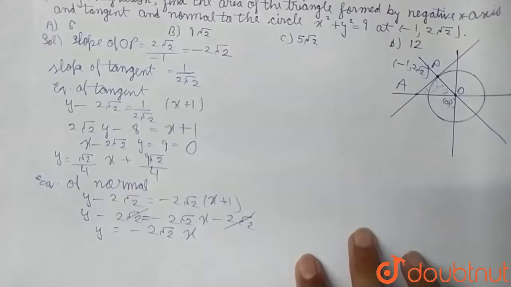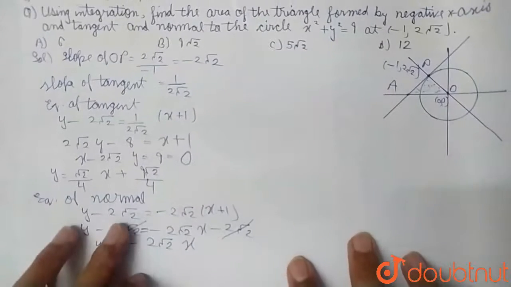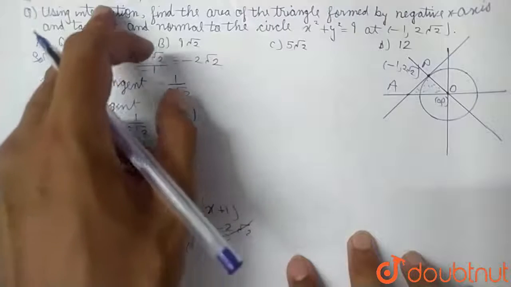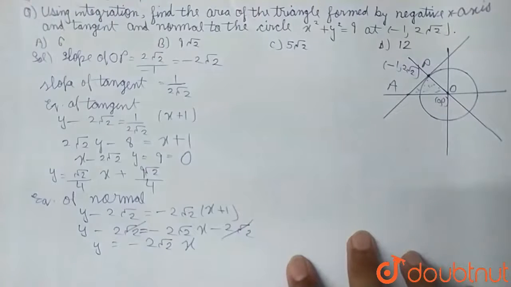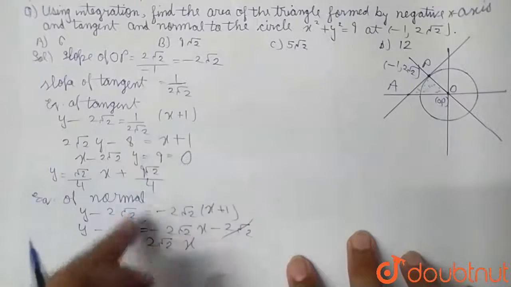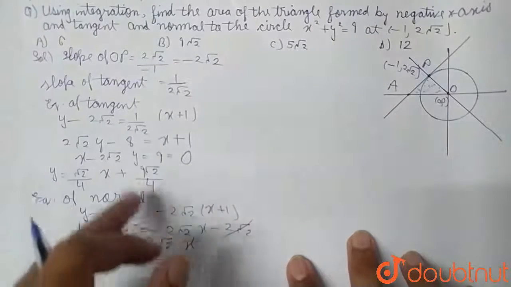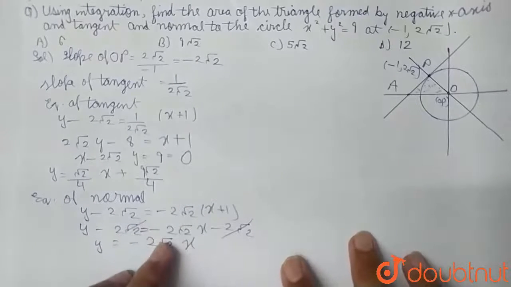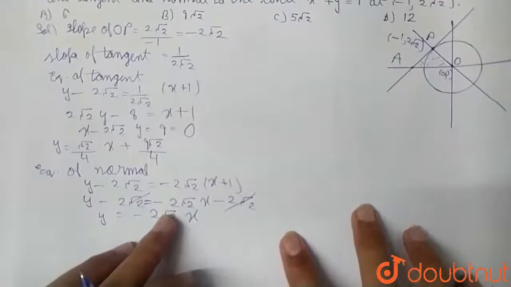Now we have to find the area of the triangle by the integration method. For this, we will add these two integrals to find the area of the triangle. Let A be the area.